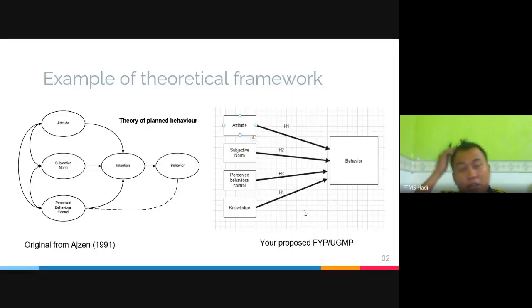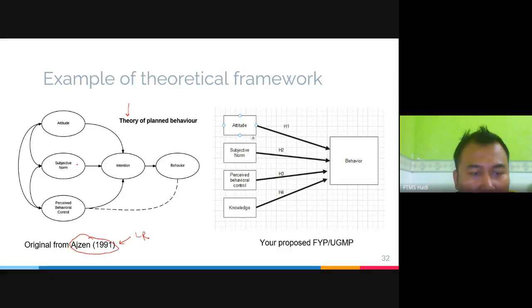This one, theoretical framework. Some of you might have the theory. This is the original theory of planned behavior by Ajzen 1991. This is key for your literature review.